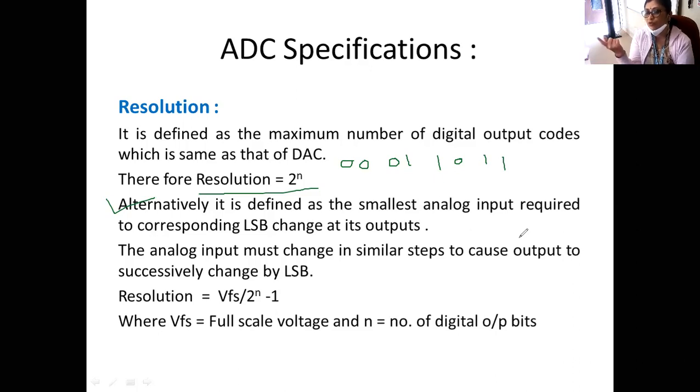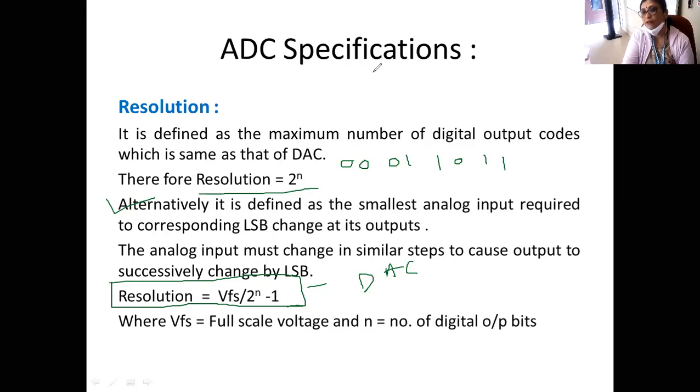A change by one LSB means the smallest change in the output, and the smallest analog value which causes the smallest change in the digital output is called resolution. And obviously its formula is full scale output voltage divided by 2 raised to n minus 1. The same formula we have studied for digital to analog converter also. So in both of these ways we can express the resolution of analog to digital converter.